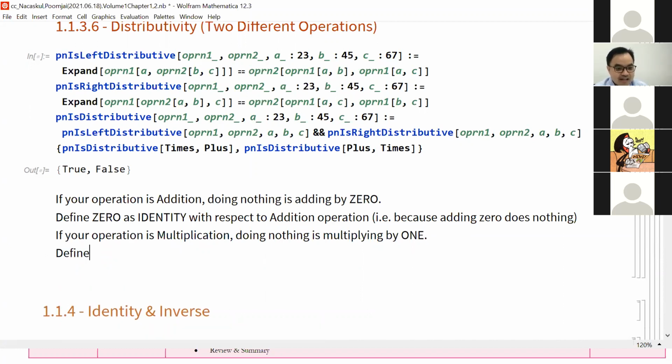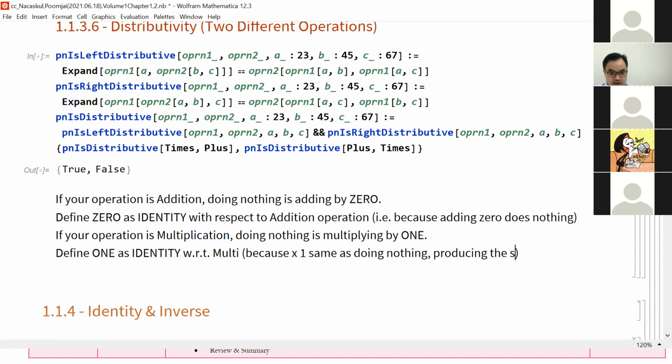So I define 1 as the identity with respect to multiplication, because multiplying by 1 is not producing nothing, not producing 0, but producing the same thing as doing nothing.